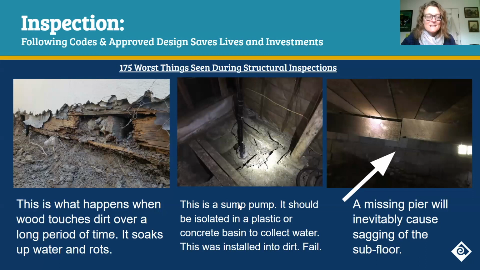They need to be isolated in a plastic or a concrete basin. When it's installed into dirt, things can start to fail. That pump is not really going to operate, and you're going to have flooding problems. Here we have a missing pier. That's going to be causing sagging of this floor, so you don't have a good support for the floor of this structure.